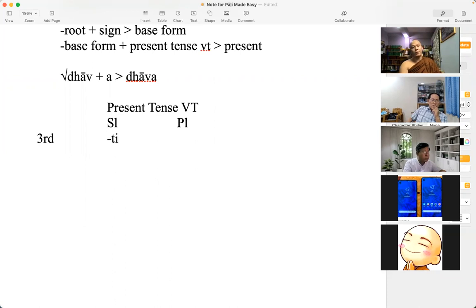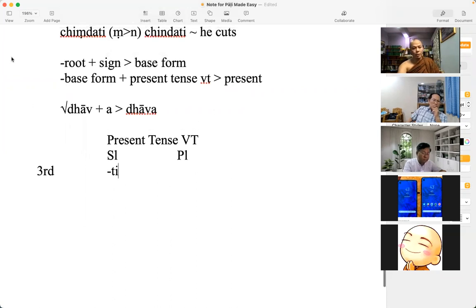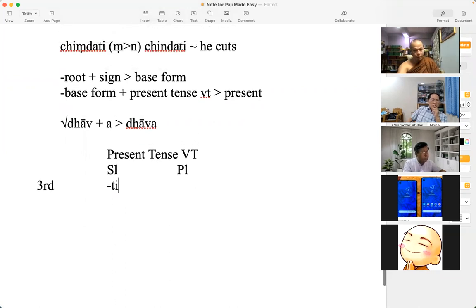Okay. Present tense third person singular is di. We already used it here. Change the D, or to the dawa by adding the D. Okay, that is third person singular. Now, third person plural is anti.